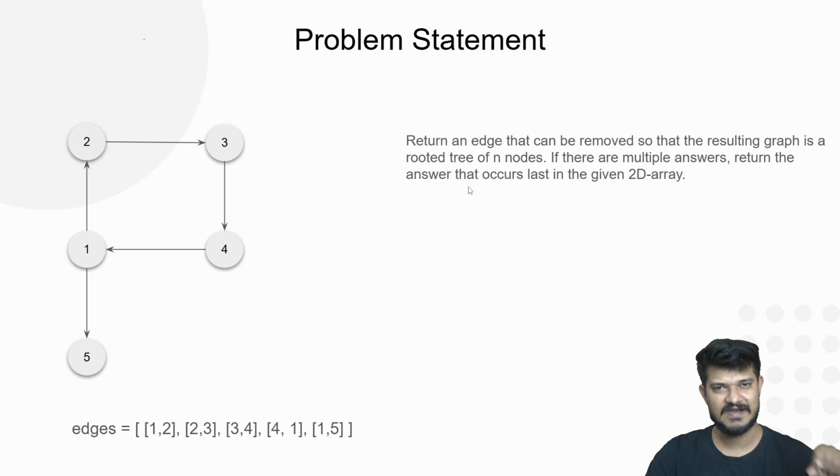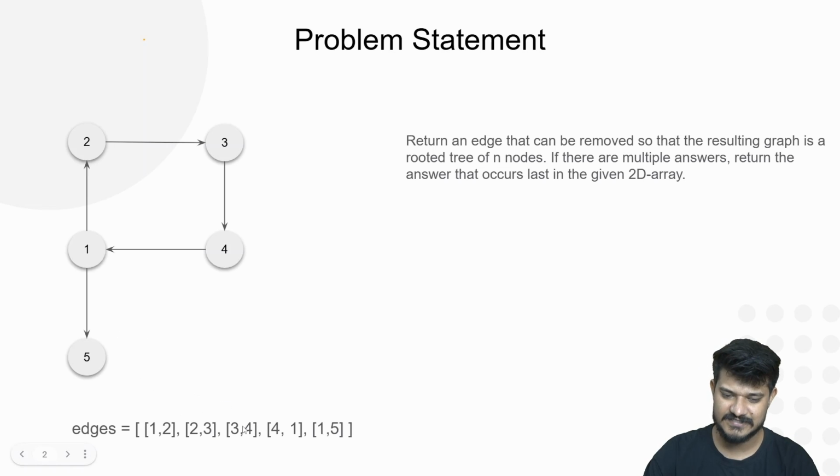It was a tree, we have added an extra edge. Now, because we have added that extra edge, it's not a tree anymore. So the problem statement is that you have to find any edge that you can remove so that it becomes a tree again, right? And if there are multiple edges that you can remove, you have to return the one which appears last in the input, right? That is the problem statement.